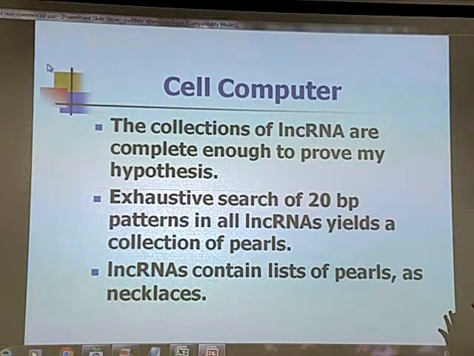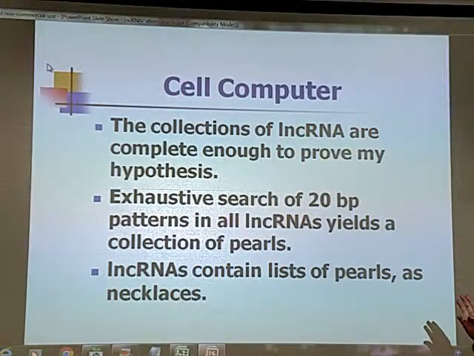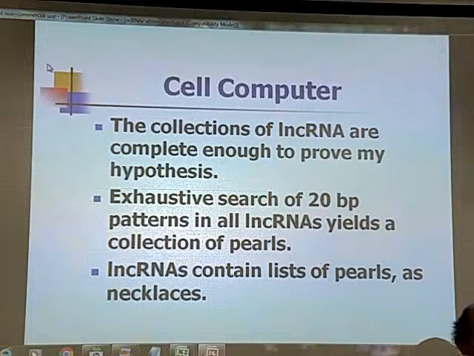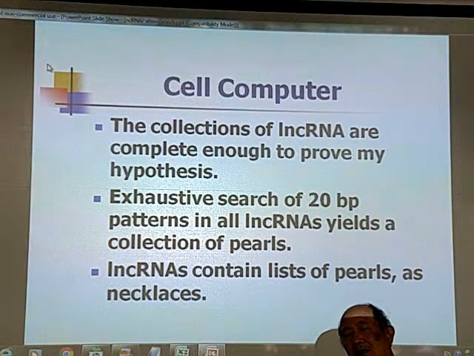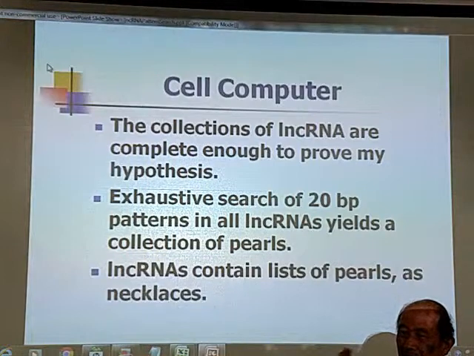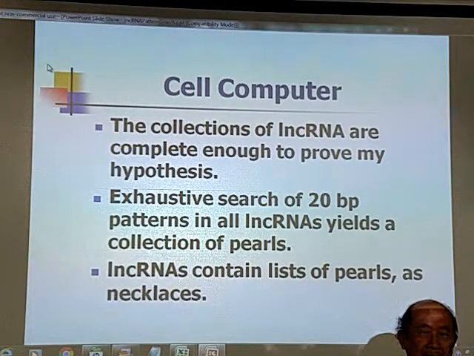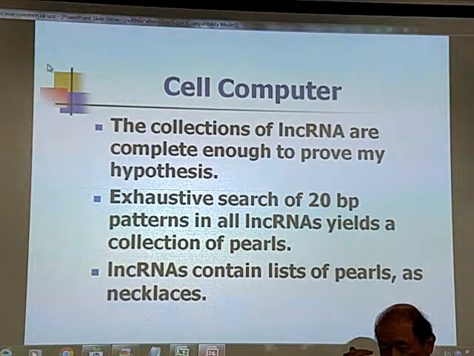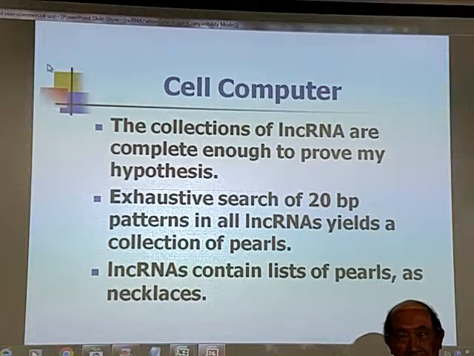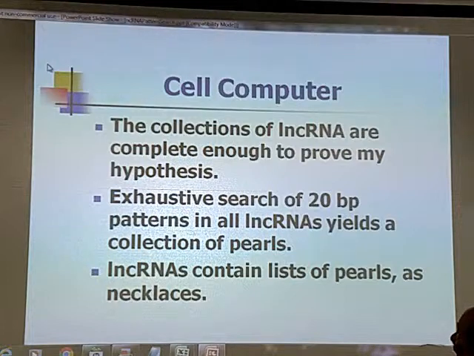The collection of long linear RNA is complete enough to prove my thesis, because in the human genome, people have identified lots of long non-coding RNA, and these are actual RNAs found mostly in the brain.